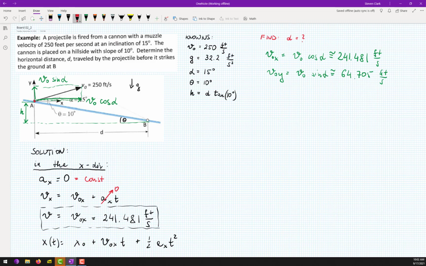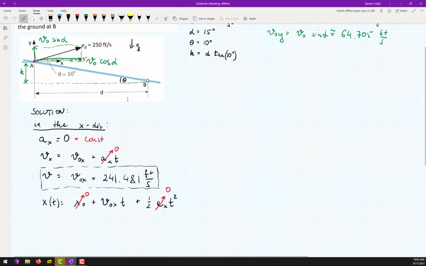Let's fill it out. This is 0, as we said. This is known. And this is also 0, because our coordinate system starts from 0. So this is our expression for x. X of t is basically V0xt. That's all.